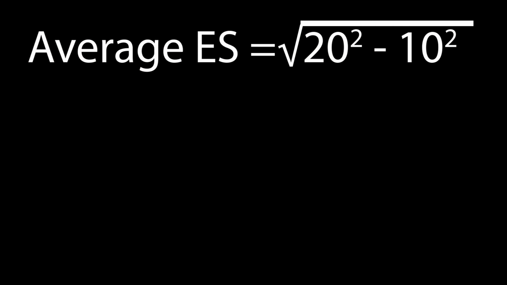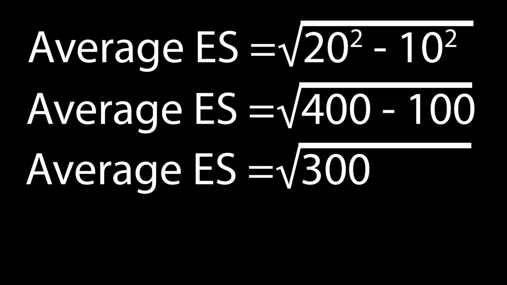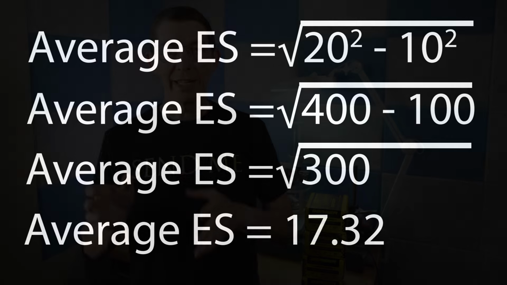In fact, when we do the math, we find out that taking that 10 feet a second out by sorting those primers results in an ES of not 10, but 17.32. In other words, by taking those primers and sorting them, you can reduce your ES by almost 3 feet a second. And that's just one variable.